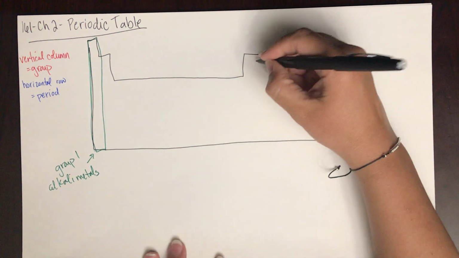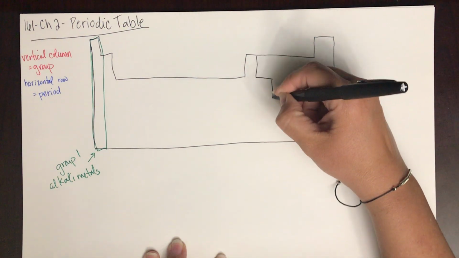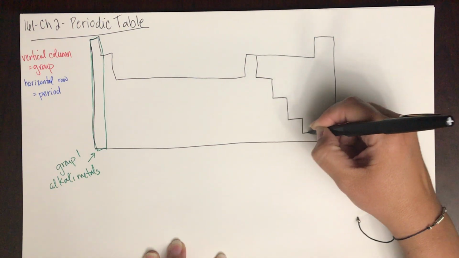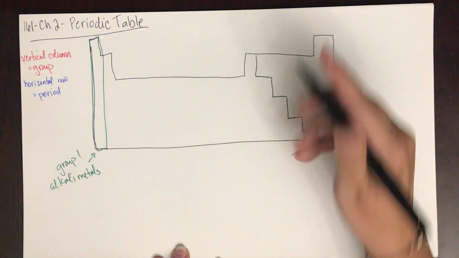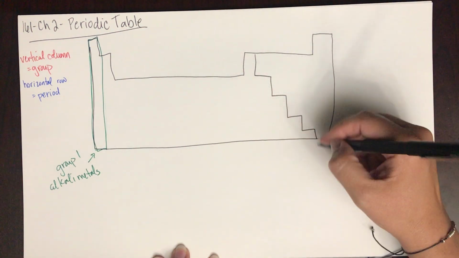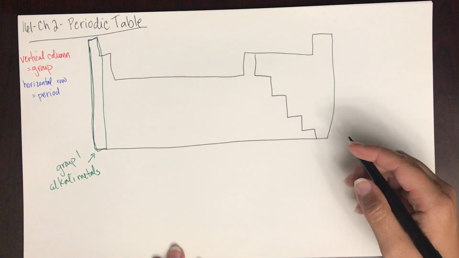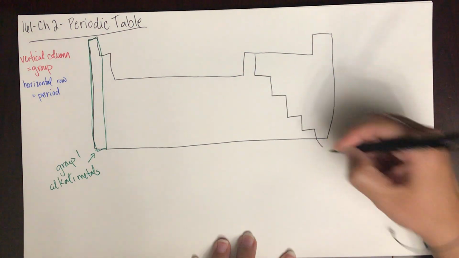So over here, in most periodic tables, there's a difference in color or a solid darker line. This is called the metalloid staircase.